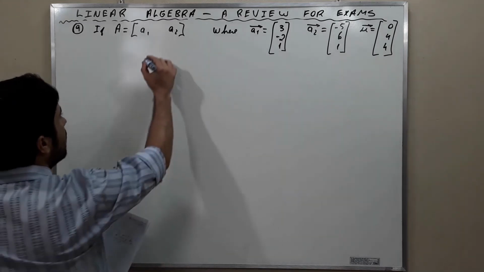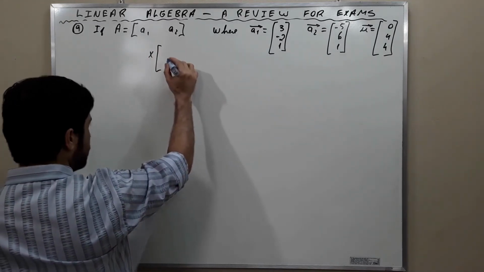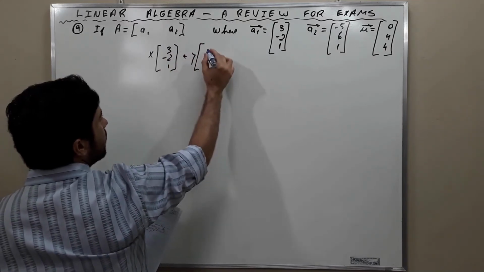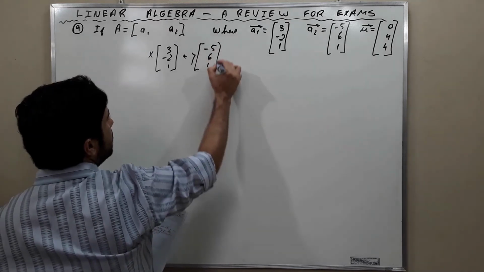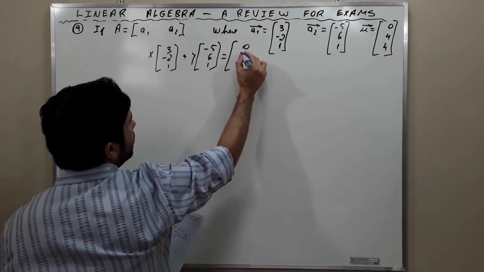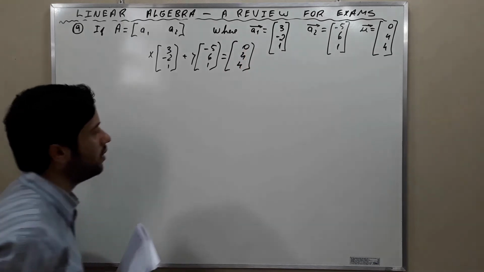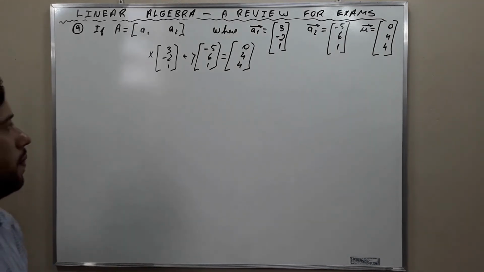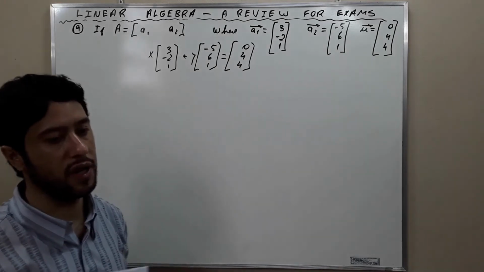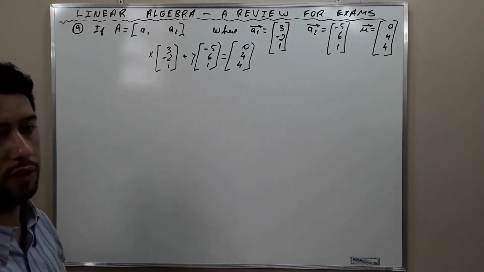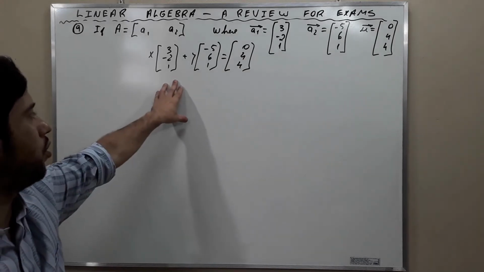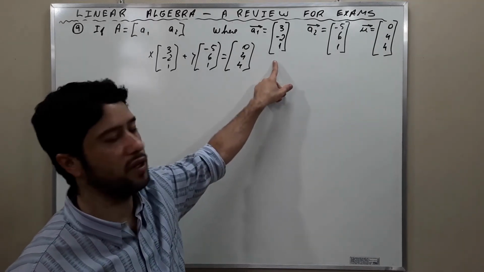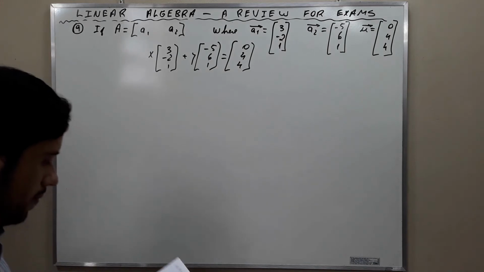Then x times (3, negative 2, 1) plus y times (negative 5, 6, 1) equal to (0, 4, 4). Okay? We are combining linearly A1 and A2 and see whether this linear combination produces U. If U can be produced by this linear combination here, then we can state confidently that it is in the span of A1 and A2. Okay?